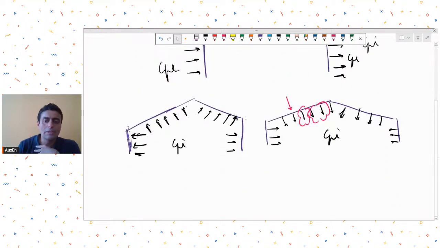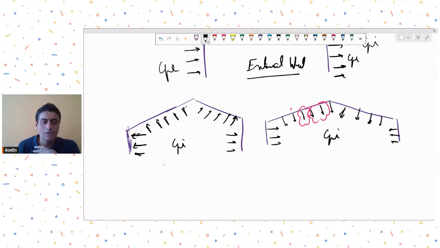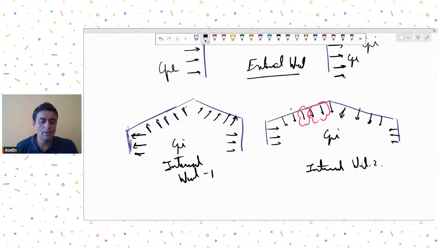So I think what you have been seeing is that many engineers make two sorts of load cases. One will be for external wind, and they will make two load cases for internal winds: internal wind load case 1, internal wind load case 2, and then they will combine these to get all the possible directions.